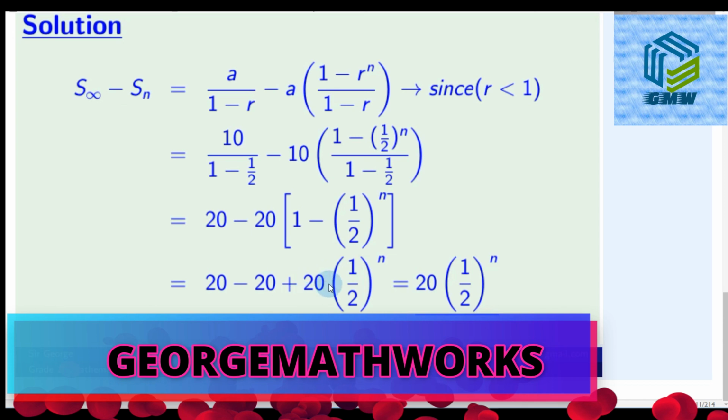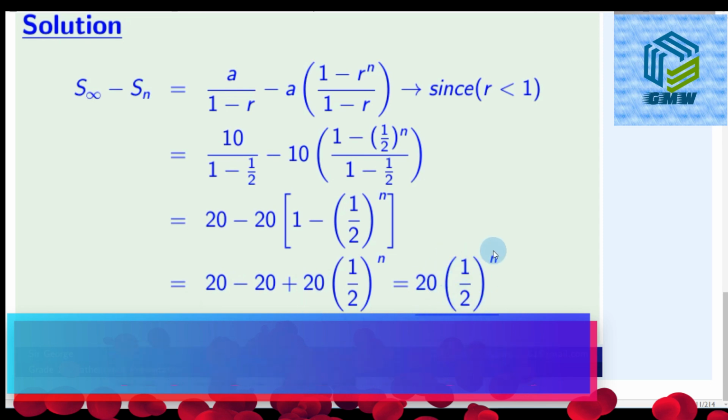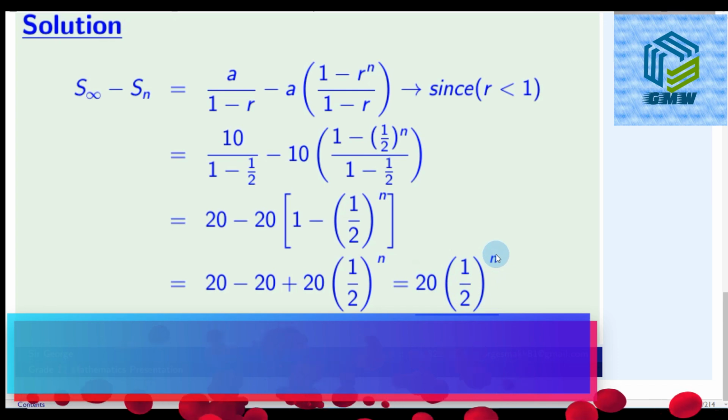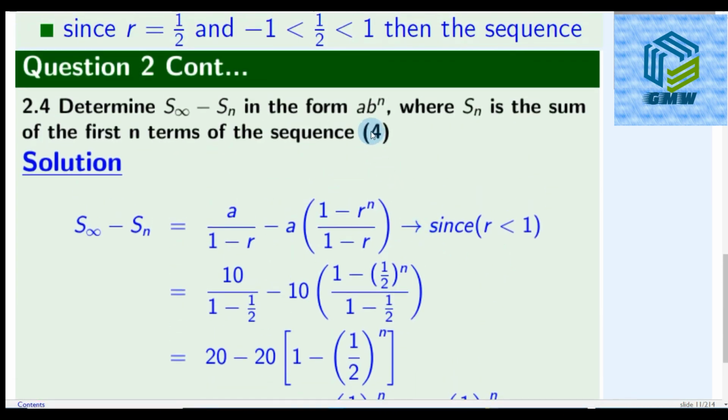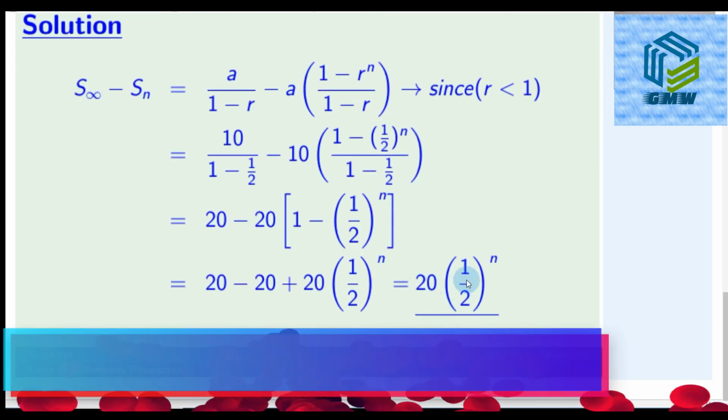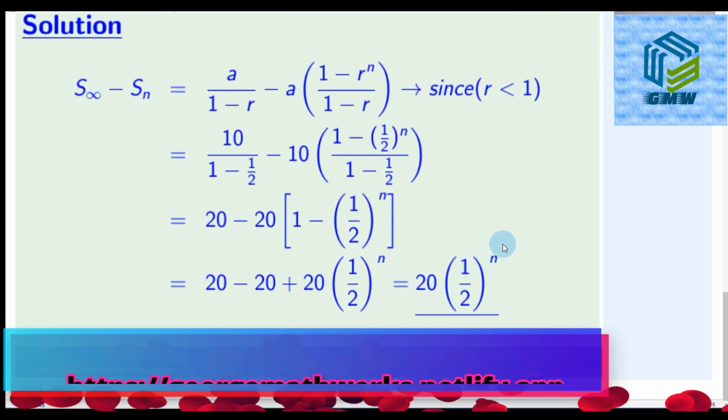Hence, I did not divide here to say I get 10. No. You have to remain with 20 here, open bracket, half, then raised to the power of n. Now 20 minus 20 will give you 0. So your final answer will just be 20, open bracket, 1 over 2, close, then everything to the power n. To check if you have reached the final, our solution is supposed to be a, b to the power n. So in this case, this is my a, this is my b, and this is my n.